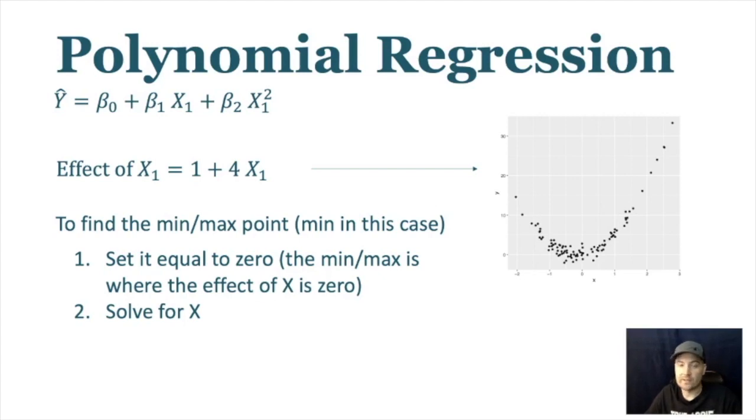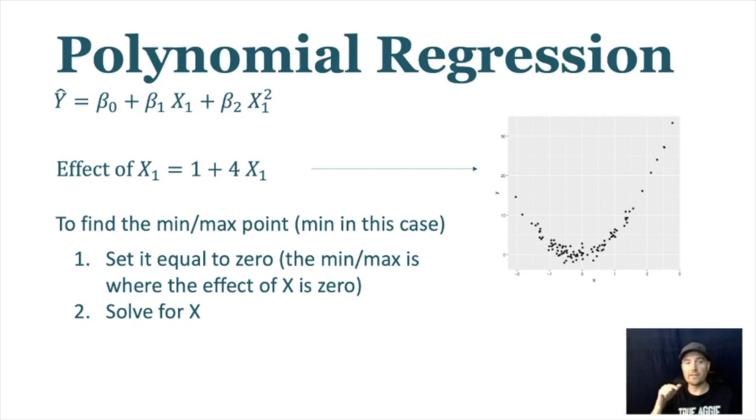It's where the effect of x becomes 0. So if you think about this, if we're on this side, the effect is negative. At some point, it has to turn positive. But right at that point before it turns positive, it has to be 0. If we're going smoothly from negative to positive, at some point, there's a point where it's 0. That is the minimum point.